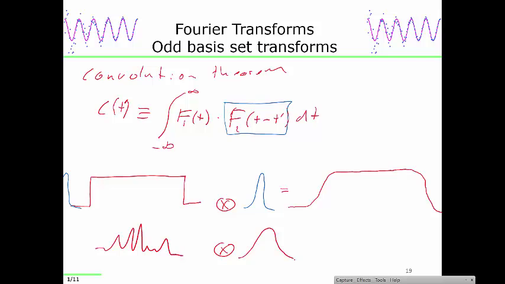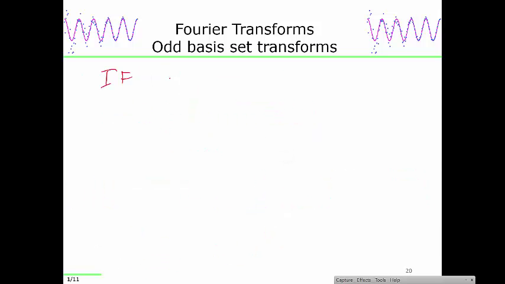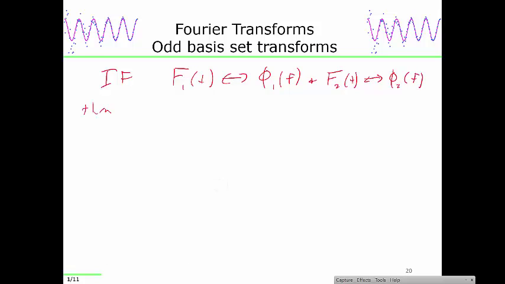So the convolution theorem says that if big F, sorry, F1 of t has a Fourier transform partner of phi1 of f, and F2 of t has another Fourier transform partner, if I have a function that I can write as the convolution of two other functions, we're thinking basis sets, right?